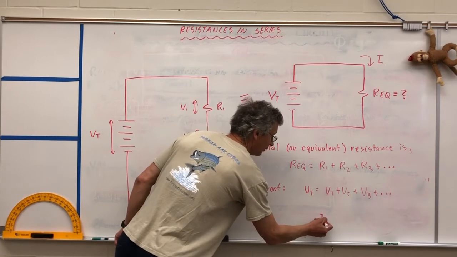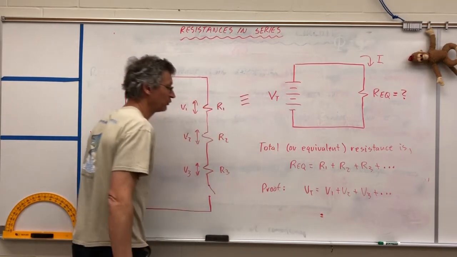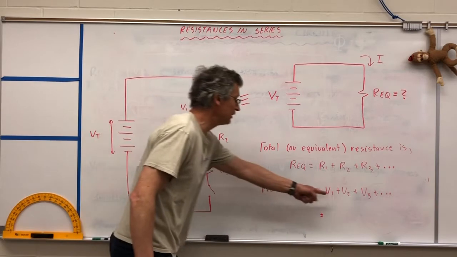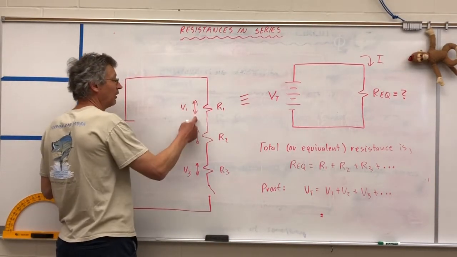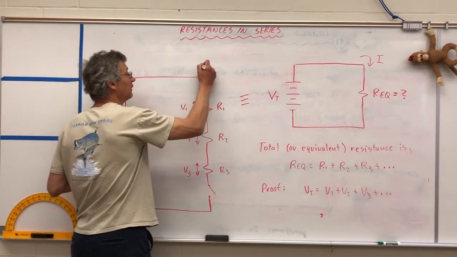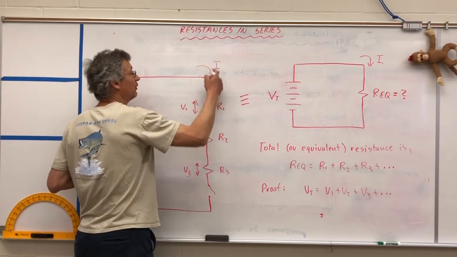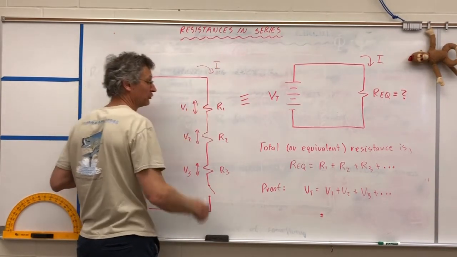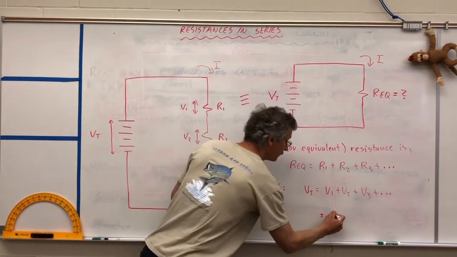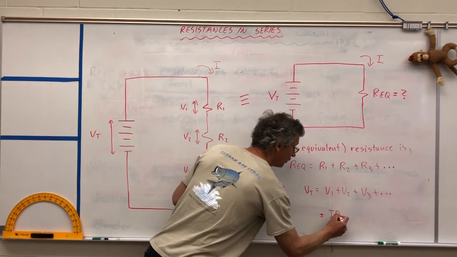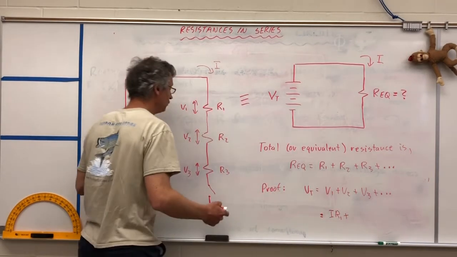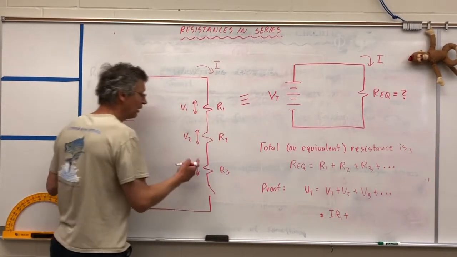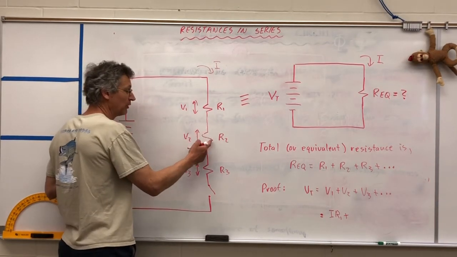Now, what can you do with this over here? Well, how about V1? The voltage drop across this resistor is going to equal the current through it times the resistance itself. V1 is going to be equal to I times R1. How about V2? What's V2 equal to? Well, this is the voltage drop across this resistor.